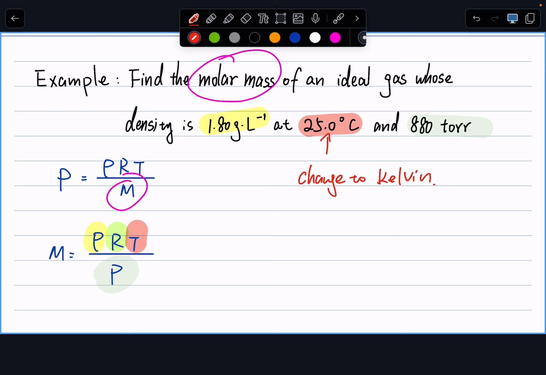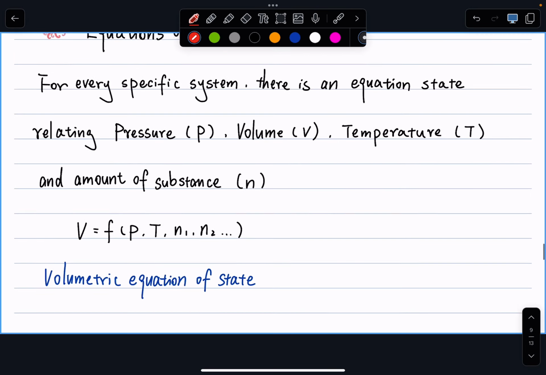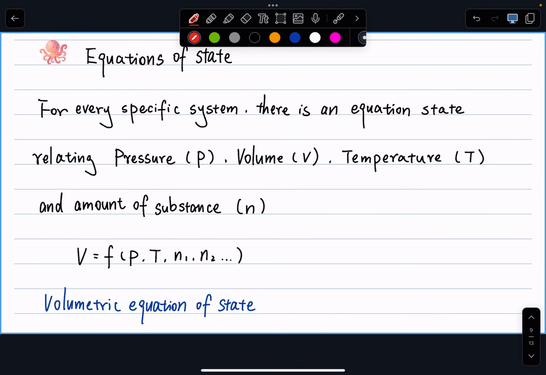All right, so ideal gas. Now we have the ideal gas law. What exactly is the ideal gas law? If you think about it, the ideal gas law is an equation of state. So what does the equation of state mean? It tells us for every specific system, there is an equation of state relating pressure, volume, temperature, and the amount of substance.